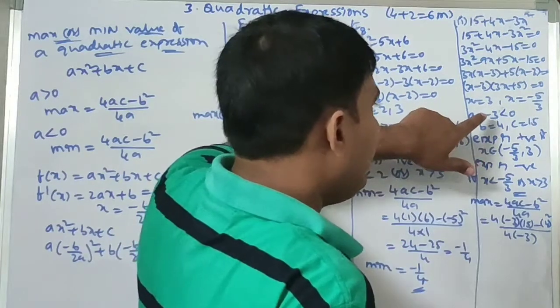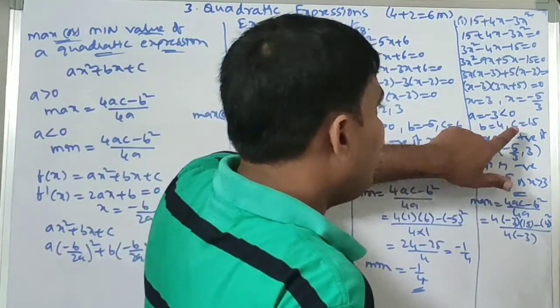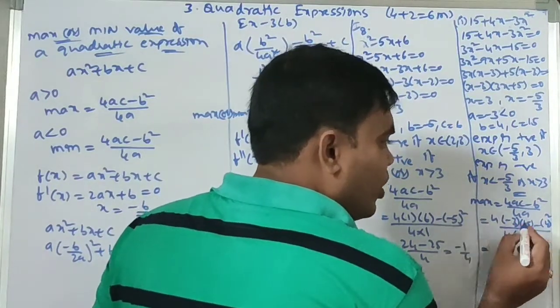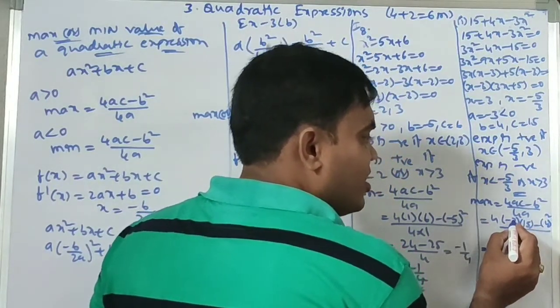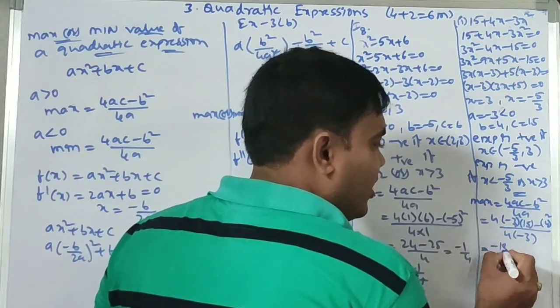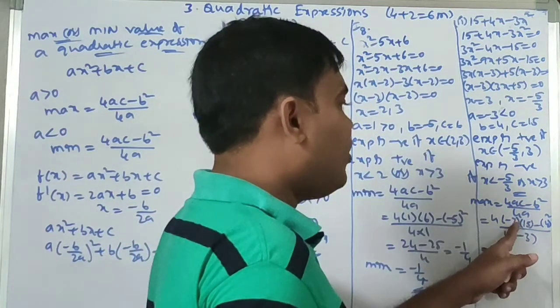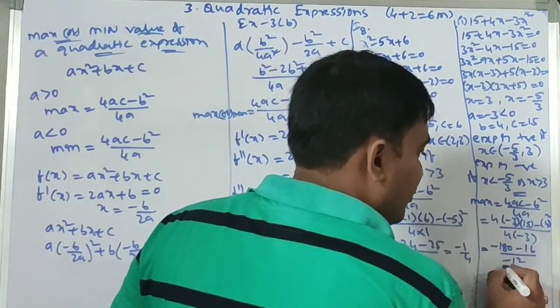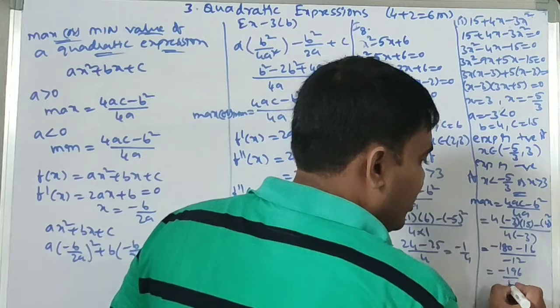So a is minus 3, c is 15, b is 4. So 4 into 15, 60 into minus 3, minus 180. 15 into 3 is 45, into 4 is 180, minus 16 by minus 12. So minus 196 by minus 12.